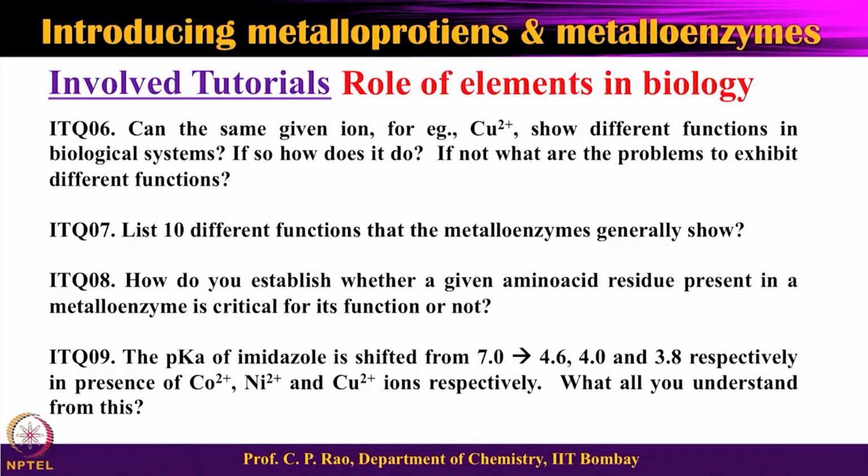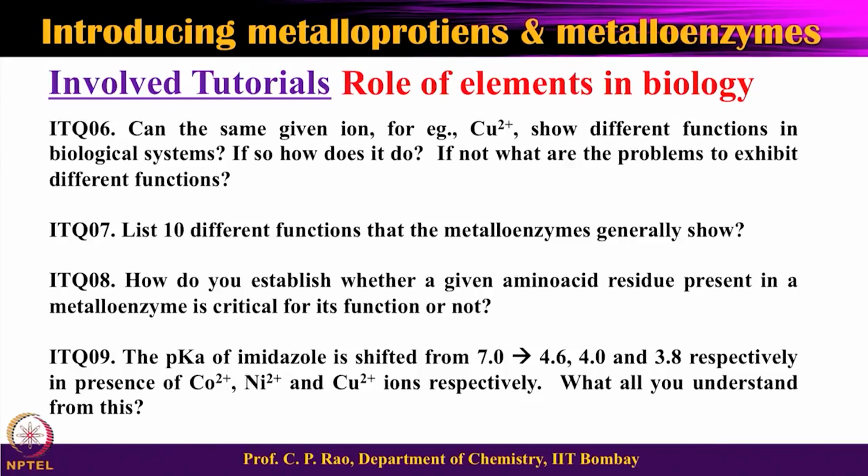Can the same given ion, for example copper 2 plus, show different functions in biological systems? If so, how does it do so? If not, what are the problems in exhibiting different functions? See that, the same ion can be involved in a variety of functions.